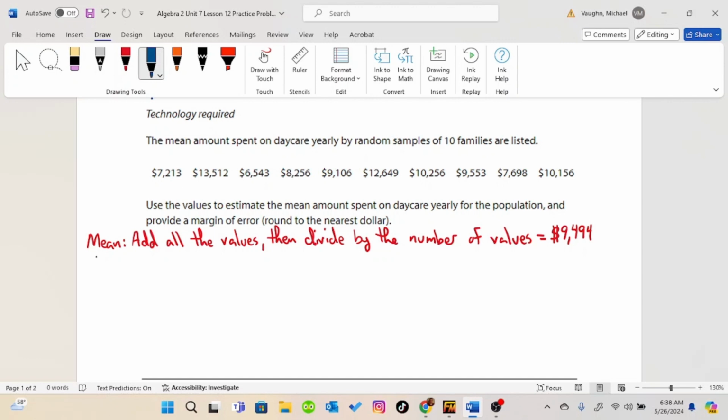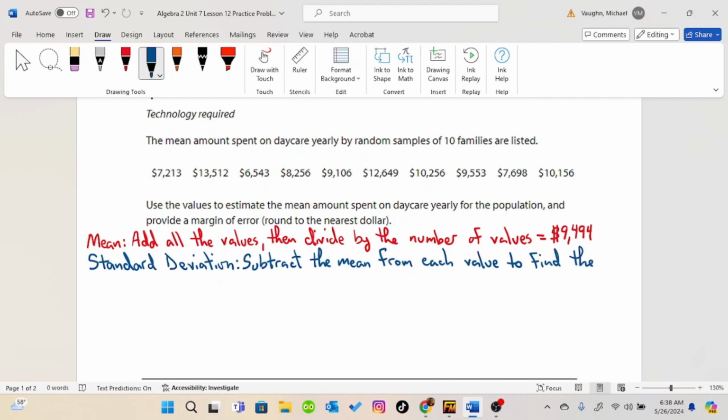The next thing you have to find is the standard deviation. To find the standard deviation, you're going to take this mean and subtract it from each of the values. Once you have found each of these differences, you're going to square each of them.